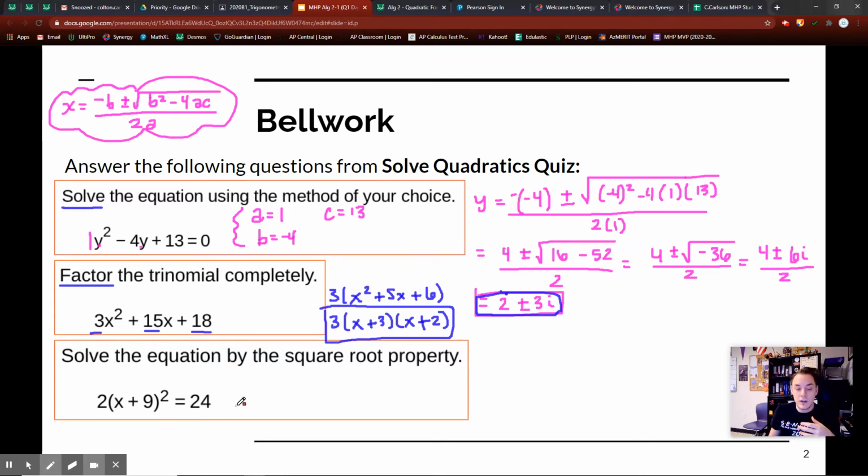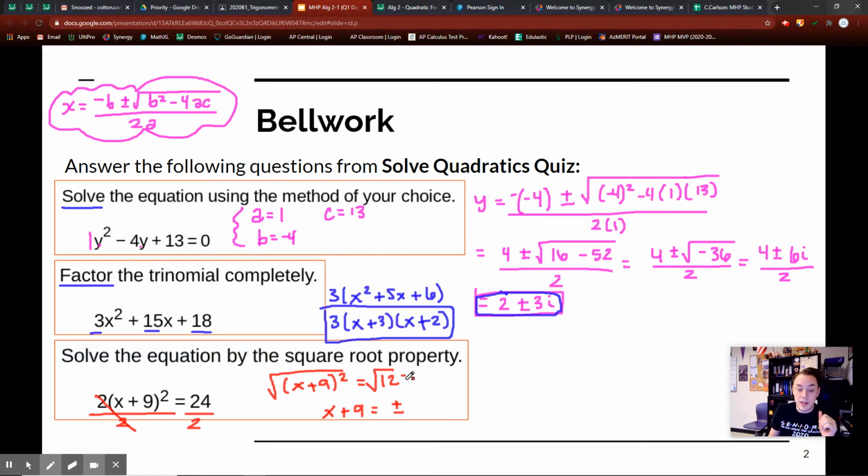So this is solve the equation by the square root property. I do need to divide this by 2 first before I even solve it. So that goes poofy. I'm left with x plus 9, and then this is squared equals 12. After I get this, I can then square root both sides. This equals x plus 9 equals plus or minus radical 12.